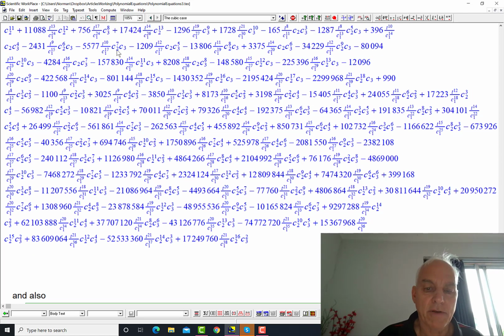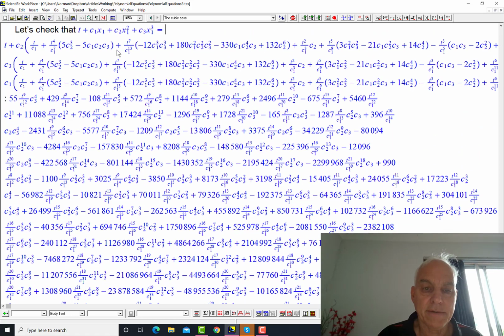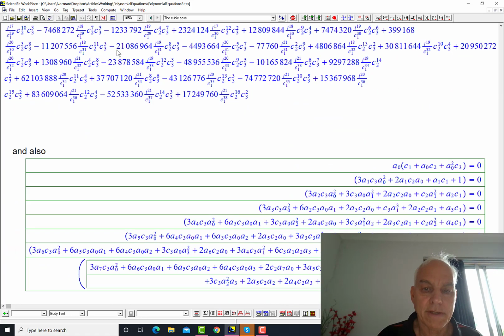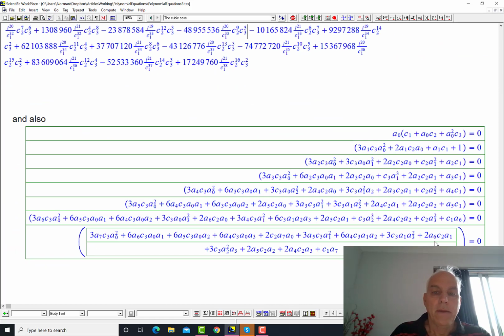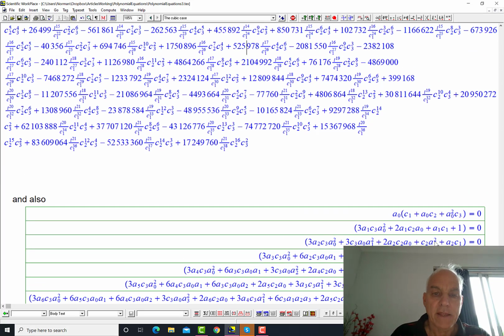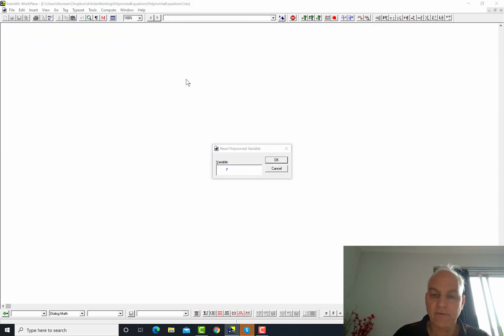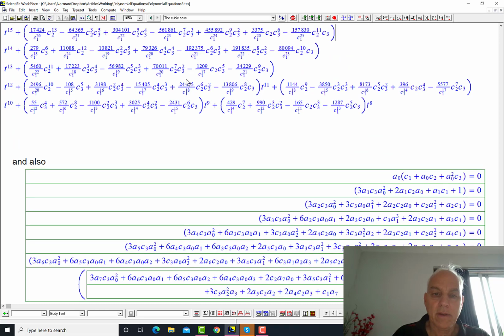It's a big polynomial in t. All right, and we want to understand this, so let's have a look. Let's collect terms and organize it as a polynomial in t. What do we get?